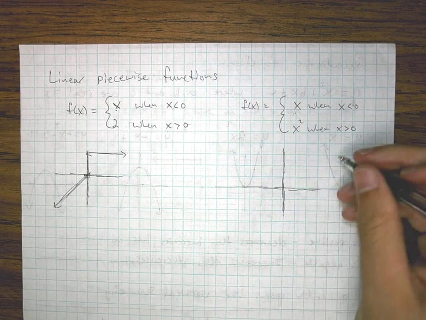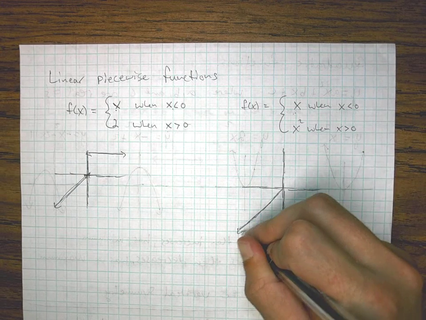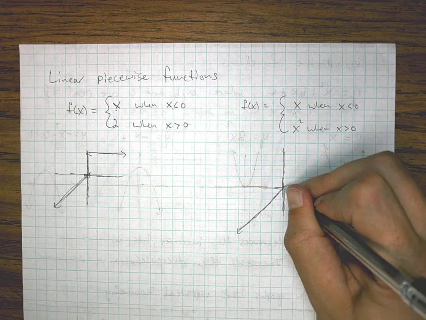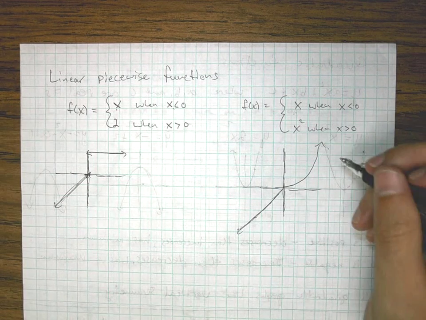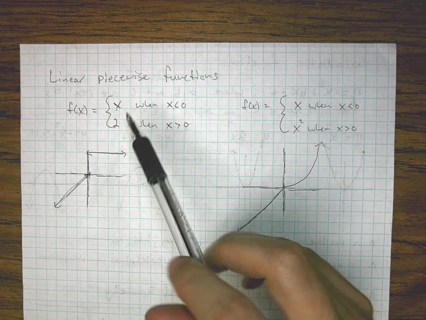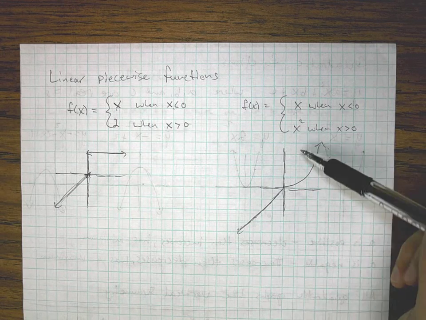So on one side, I've got myself a straight line, a linear graph. And on the other side, I've got a quadratic graph. Okay. I guess technically that wouldn't be a linear piecewise function since this part's not linear, but just know that it's split up into different pieces.